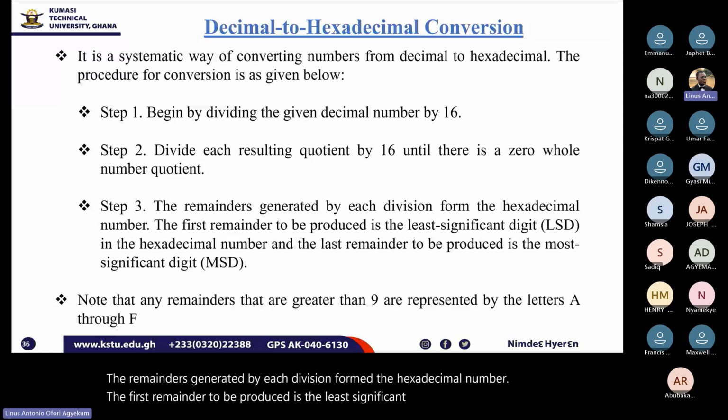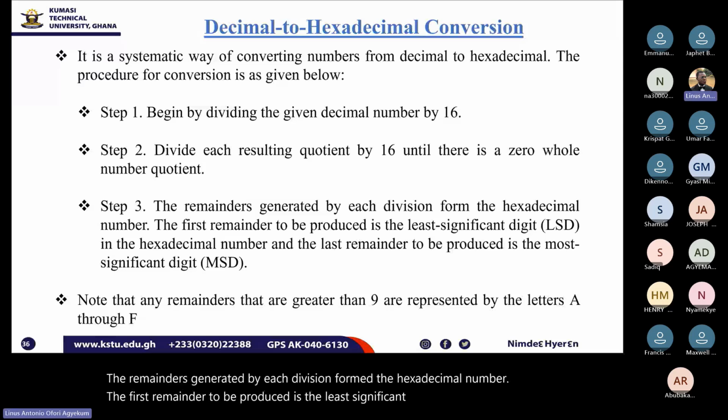So let's look at an example here and how that conversion is also done. Let us illustrate the procedure for conversion of the decimal number 650 to its equivalent hexadecimal number.